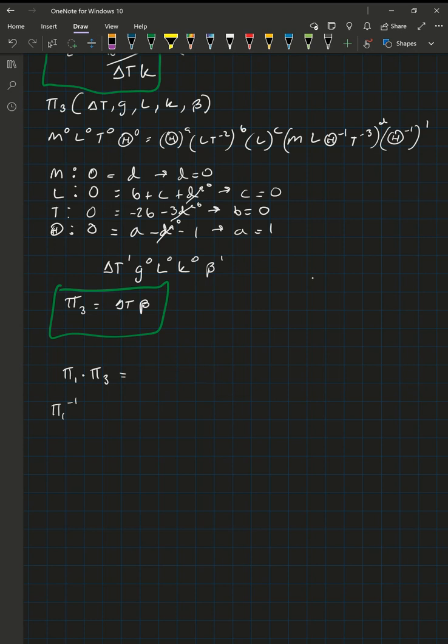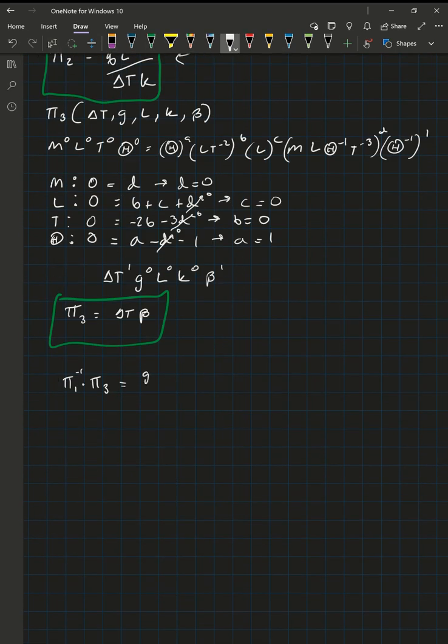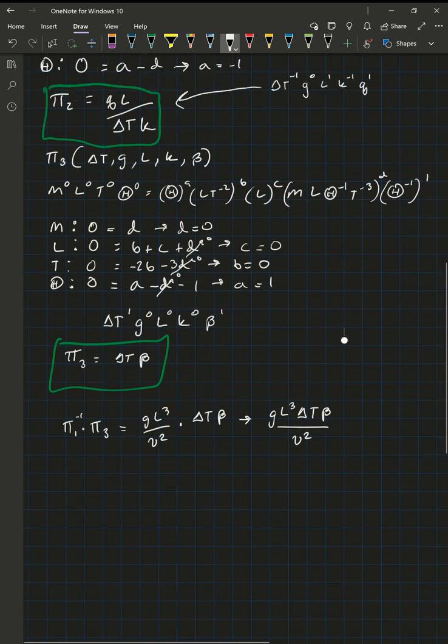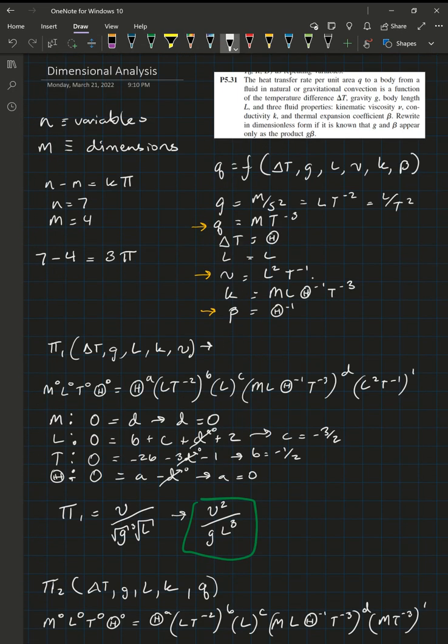So now let's raise this to the power of negative 1, so GL cubed over nu squared times delta t times beta, which is just going to give us GL cubed delta t beta all over nu squared. And so what this basically says is that, going back up to here, we have q as a function of all these variables.